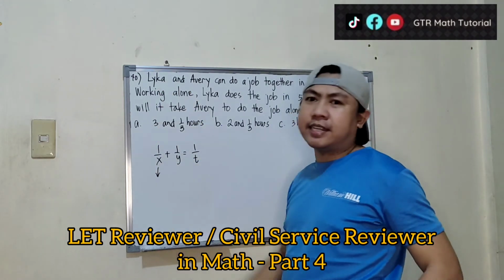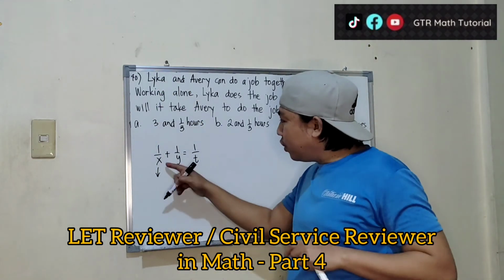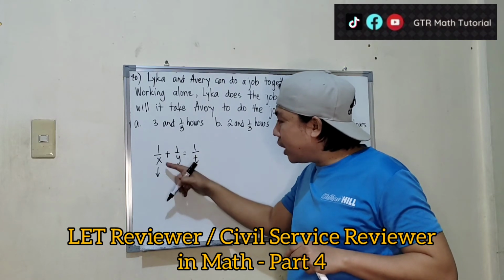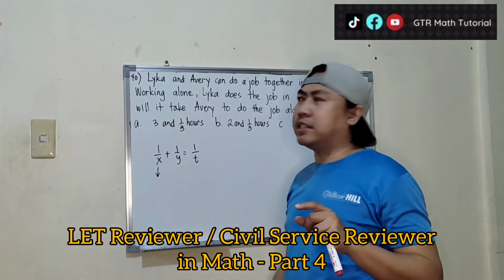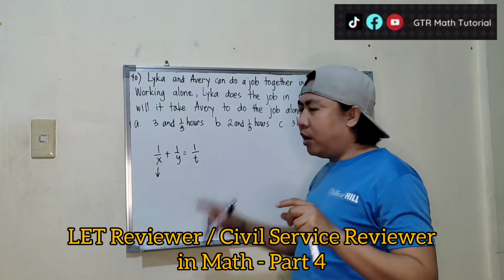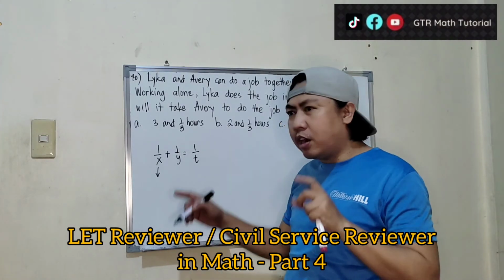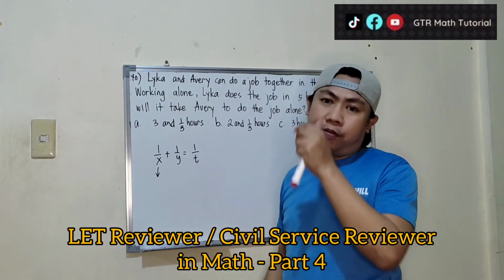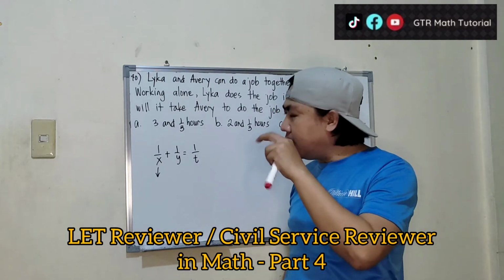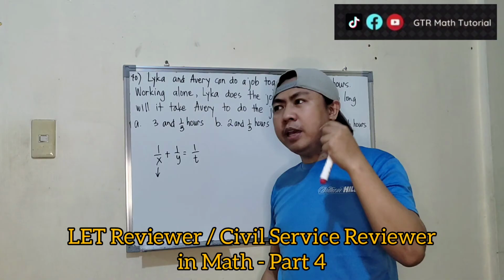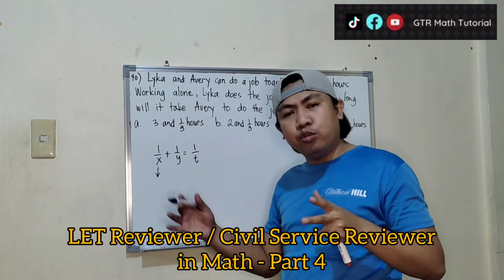Halimbawa, kaya niyang gawin ng 5 hours, so yung part na magagawa niya sa isang oras ay 1 over 5. Sa 5 oras, 5 over 5 equals 1, ibig sabihin complete yung trabaho.